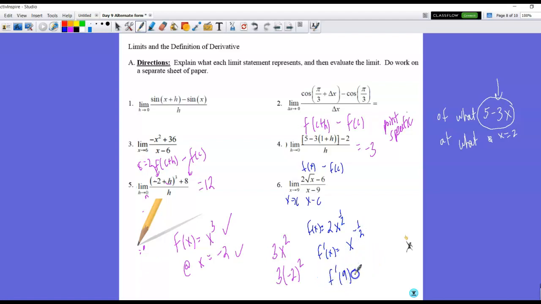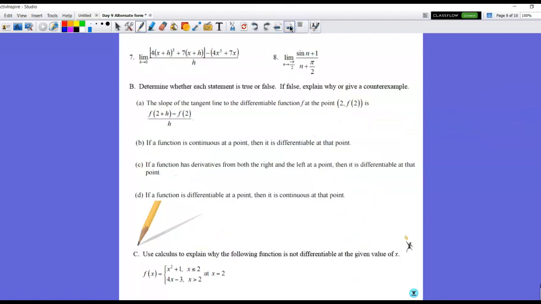So f prime of 9 is equal to, I have a negative power, so I'm going to take that to the denominator and rewrite that as the square root of 9. So that's going to give me 1/3, so that expression simplifies to be a 1/3. All right, let's go on to the next page.